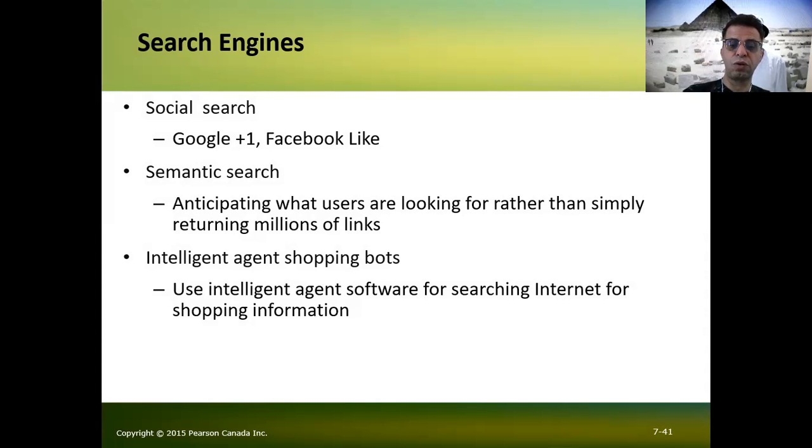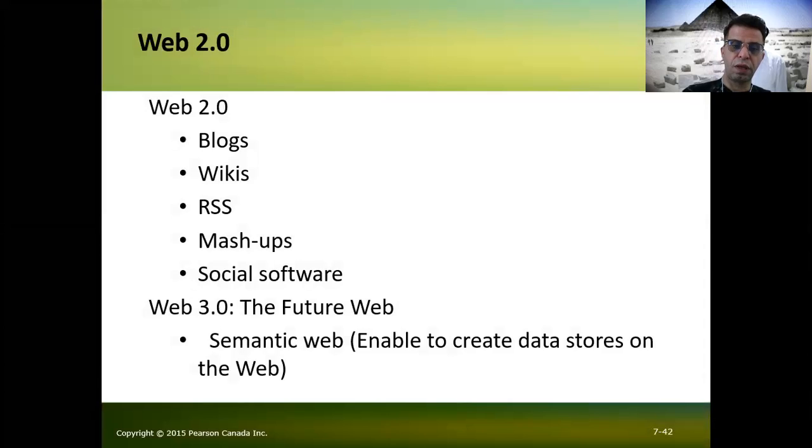And then you have what you call the intelligent agent shopping bots. They use intelligent agent software for searching the internet for shopping information. The other things that you use on the web are blogs, wikis, RSS, mashups. Mashups is about, like, using Google Maps with the local businesses.